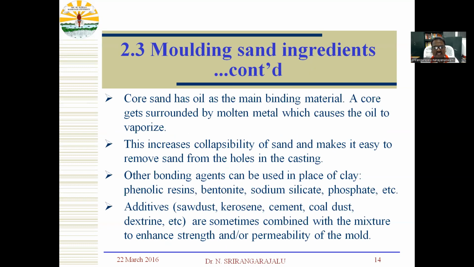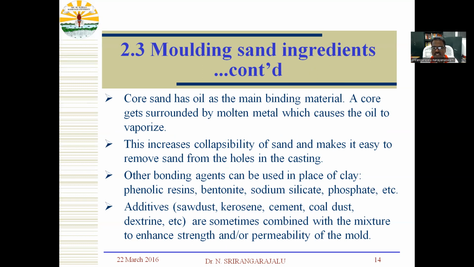Core sand has oil as the main binding material. A core gets surrounded by molten metal, which causes the oil to vaporize. This increases collapsibility of the sand, making it easy to remove the sand from holes in the casting.